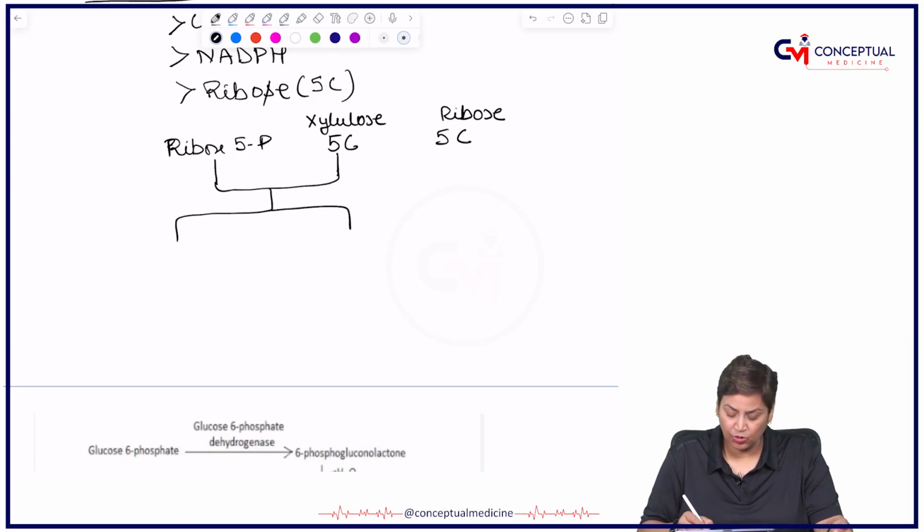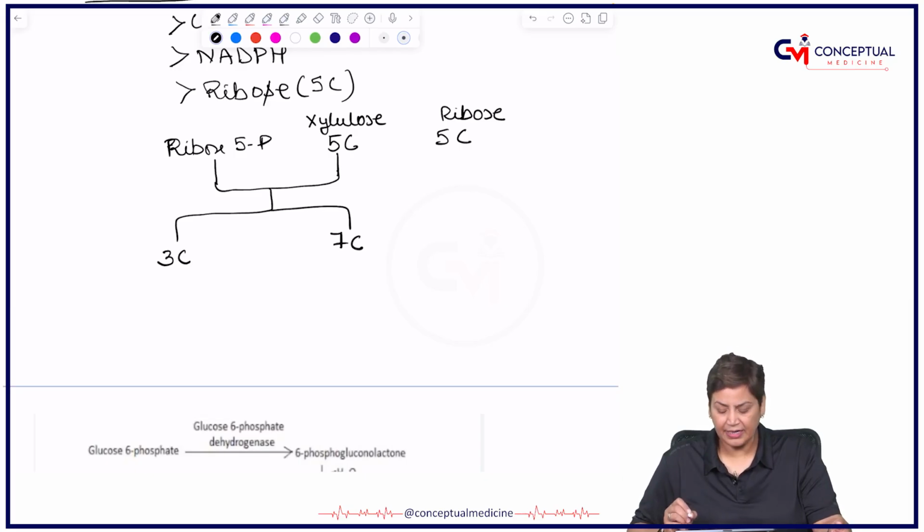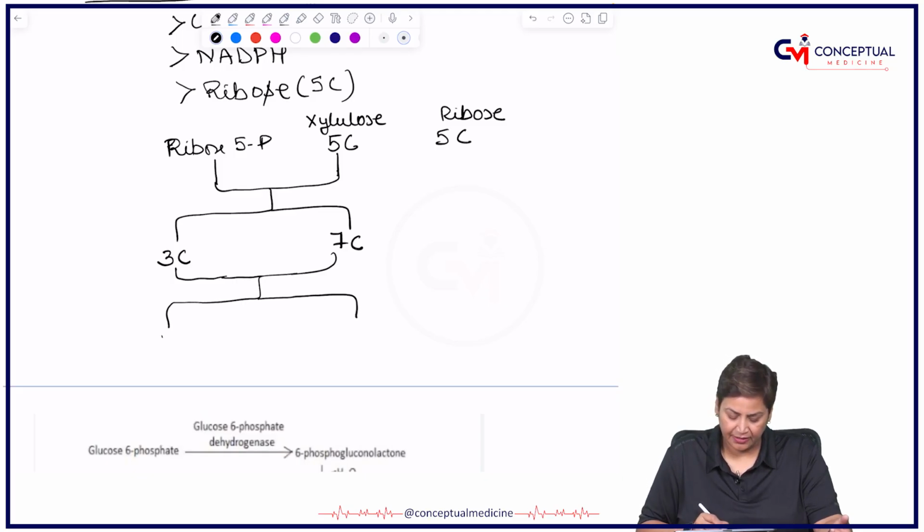It will split up into 7 carbon atom and 3 carbon atom. Right? 7 carbon atom is sedoheptulose and 3 carbon atom is glyceraldehyde. Okay. And this 7 carbon atom, again it will combine with 3 carbon atom to again split up into 6 and 4.